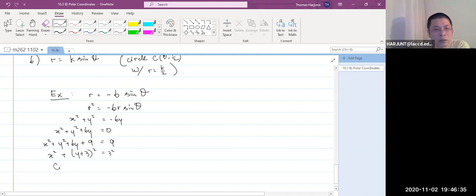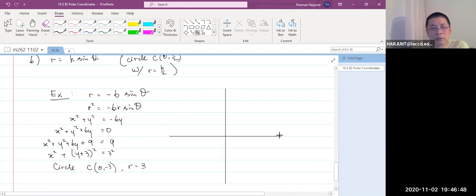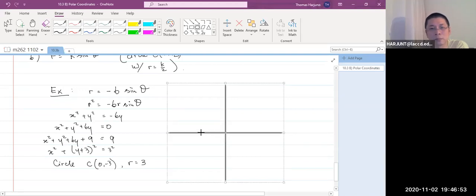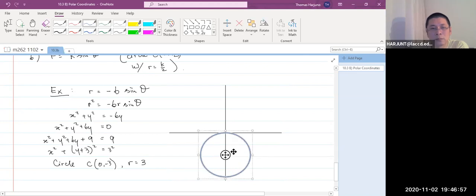That's a circle centered at (0, -3) with radius 3. Pictorially, it looks like this. So this is -3, and the radius is 3.